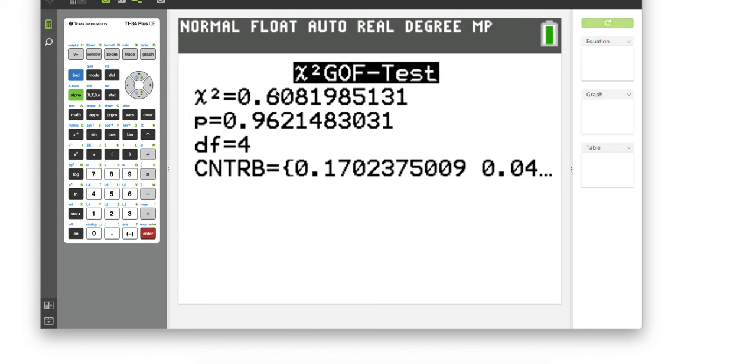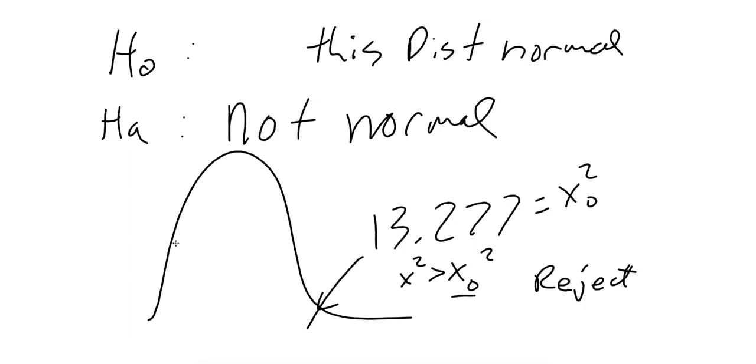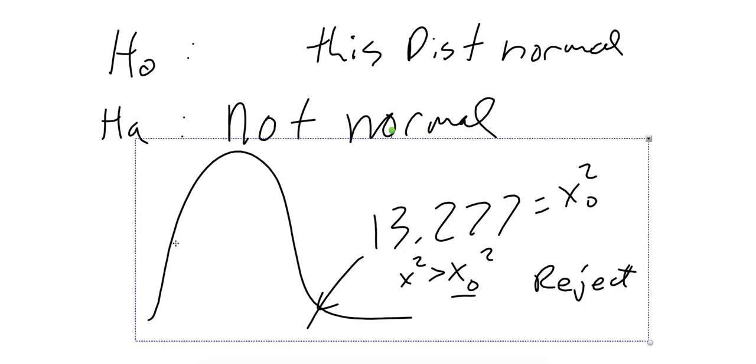If you use the calculator like we just did, you'll get 0.608, which is way over here. We are not in the rejection region, so we're going to fail to reject. What this means is we think this distribution is normal.